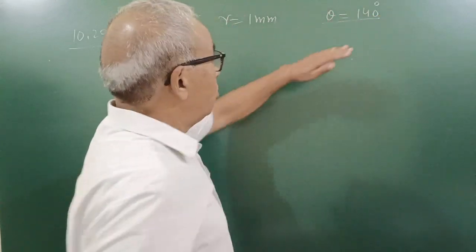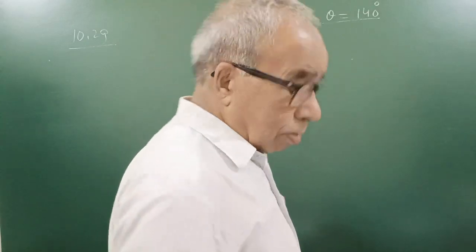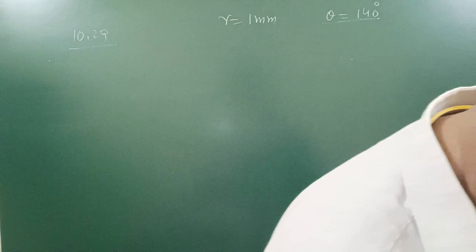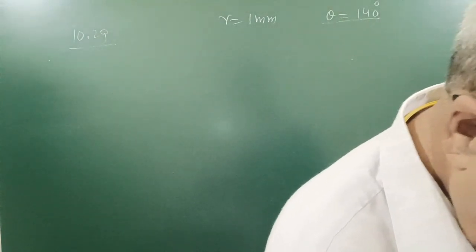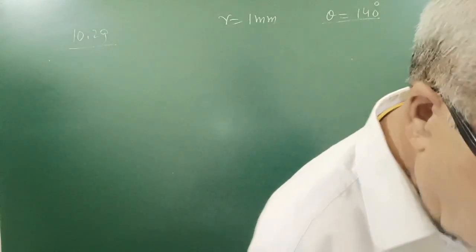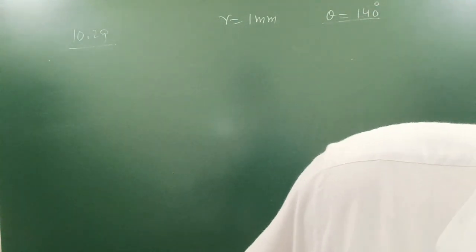I am telling you how to find this value; it will come out as cos 140. You are asked by what amount the mercury dips down in the tube relative to the liquid surface outside.